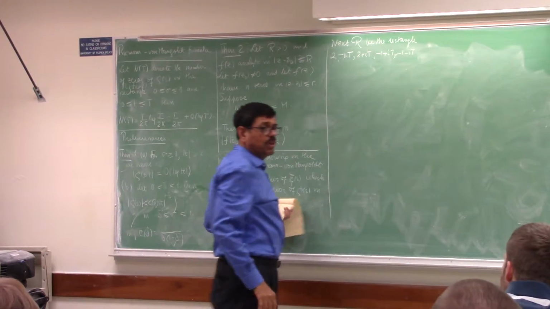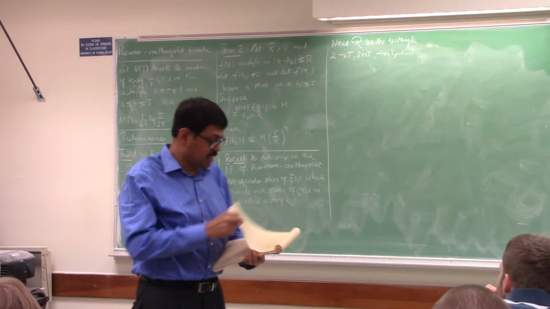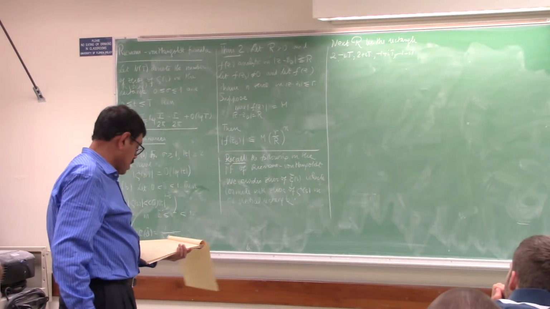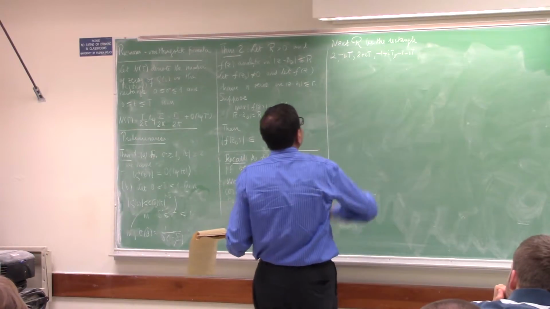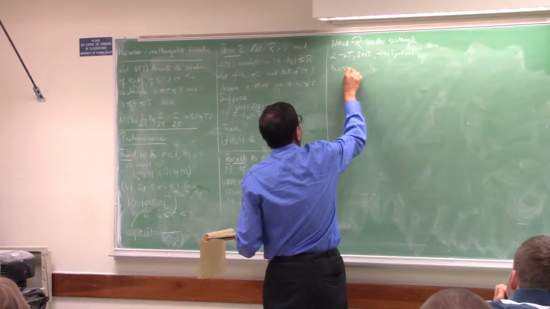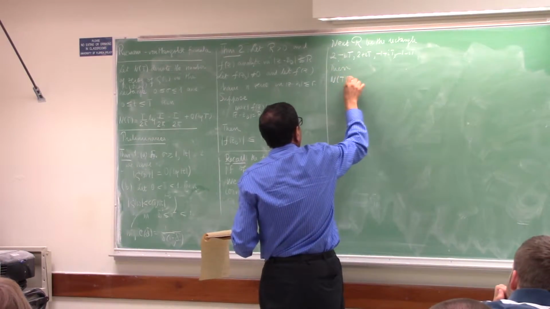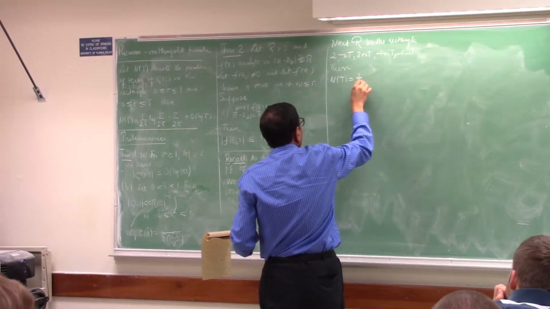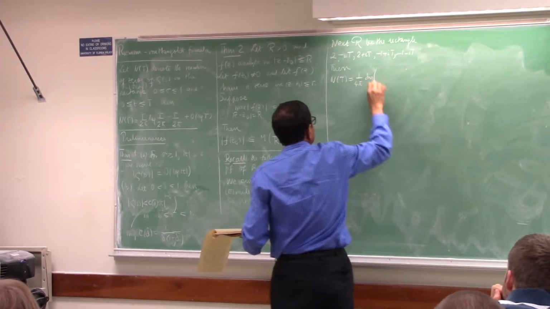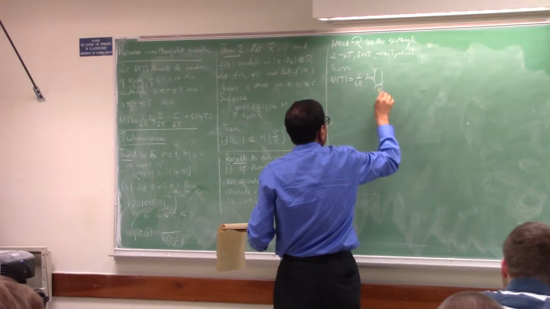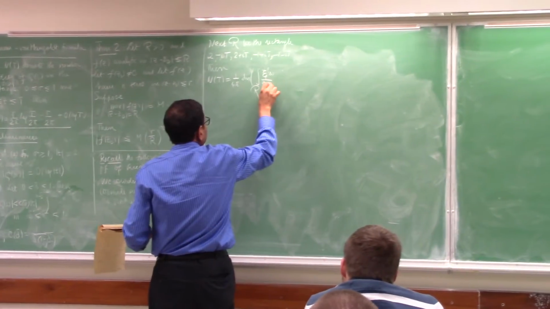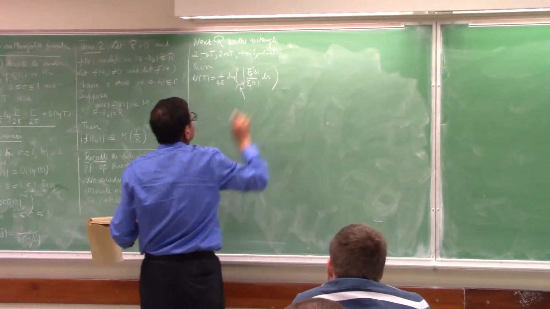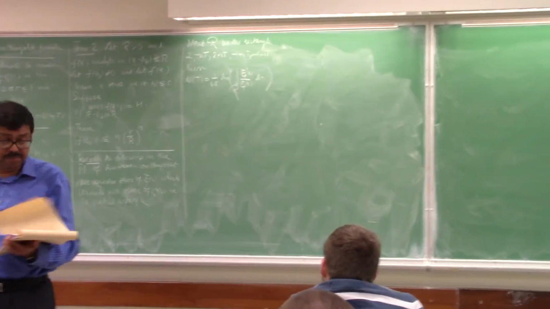So we consider this as the rectangle R, and your N(T), so this is all done last time, is 1/(4π) times the imaginary part of the integral over this rectangle of ξ'(s)/ξ(s) ds. So that's what we had.